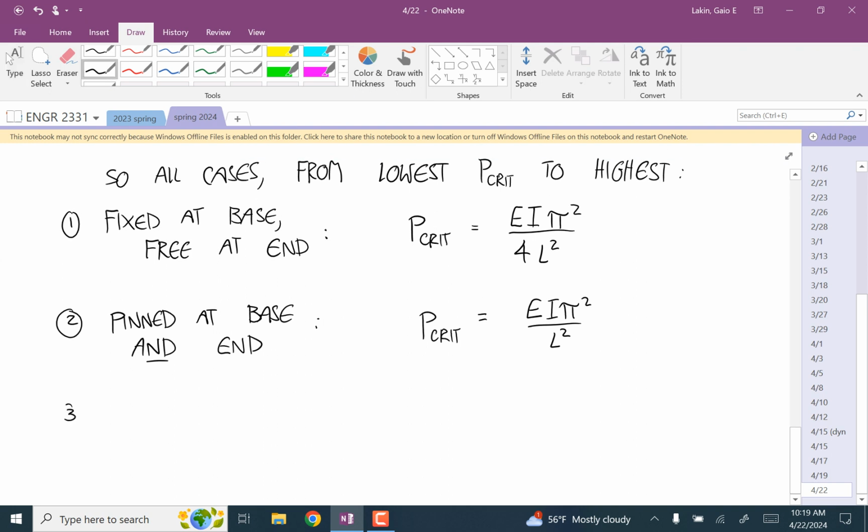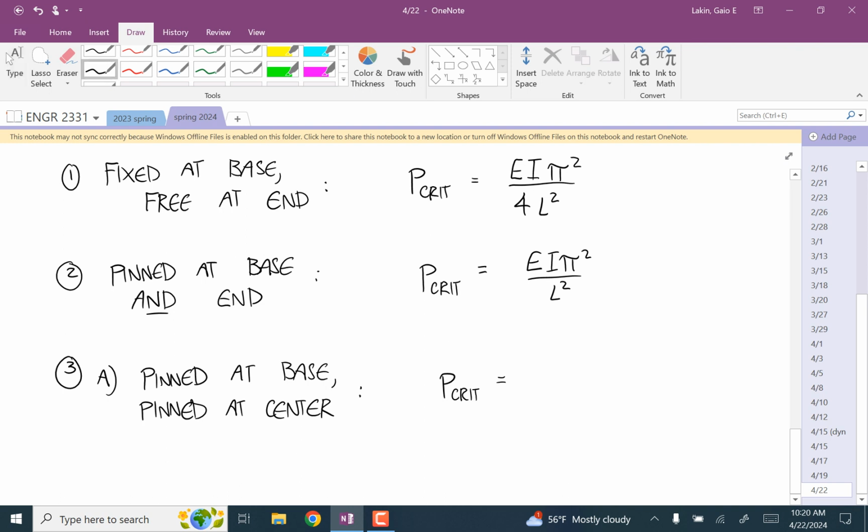Then third, this is the one where we have two. So first, we have pinned at the base, pinned at the center. And that's a critical P value of 4 EI pi squared over L squared.